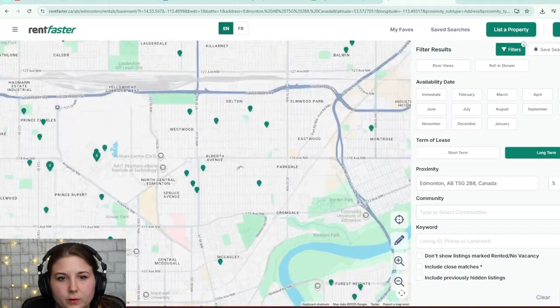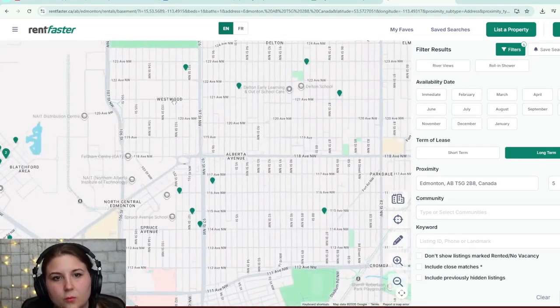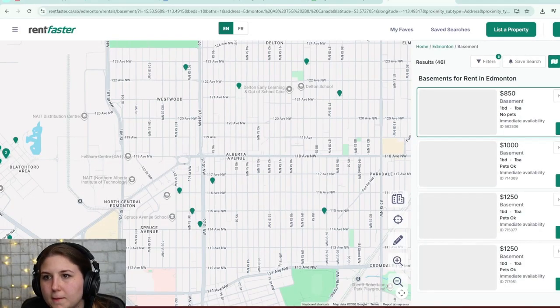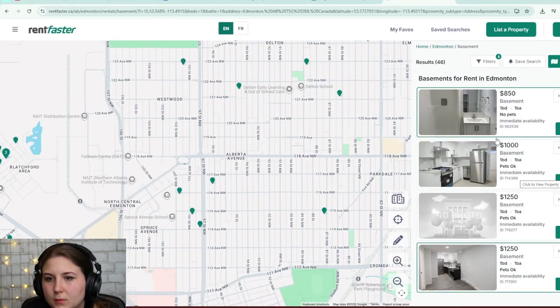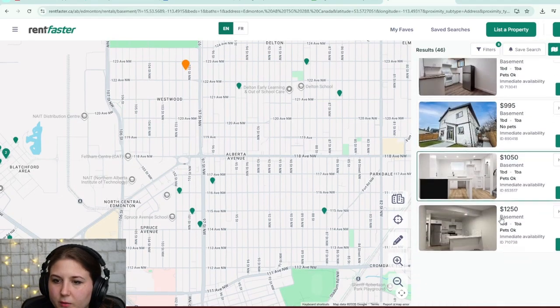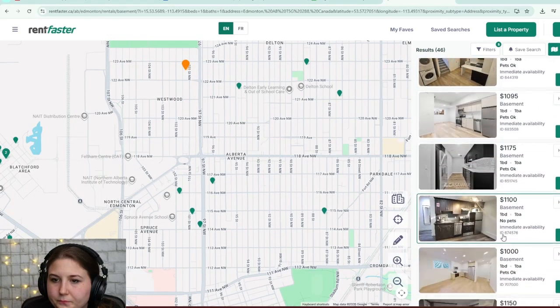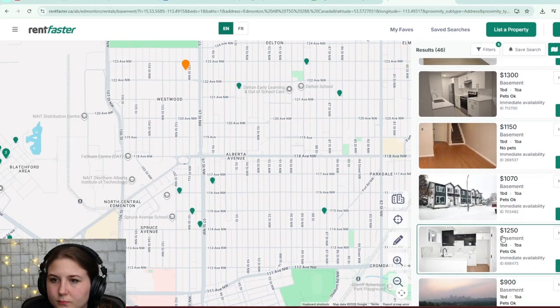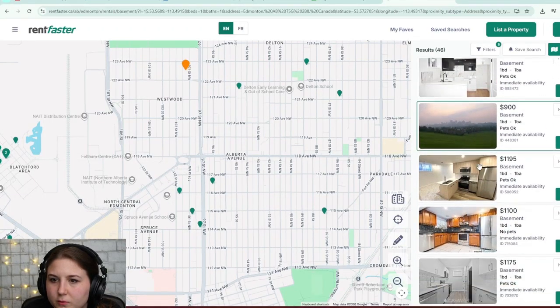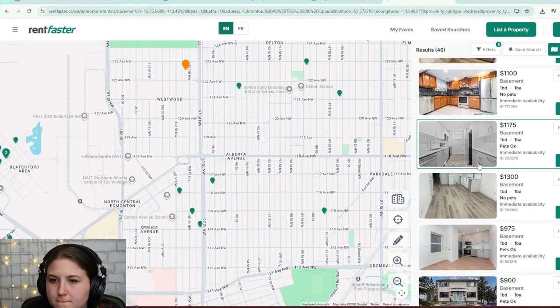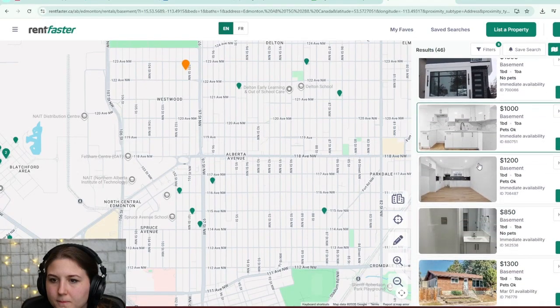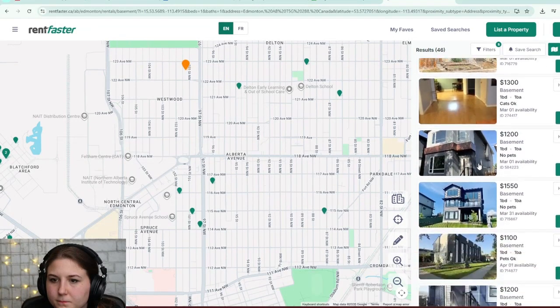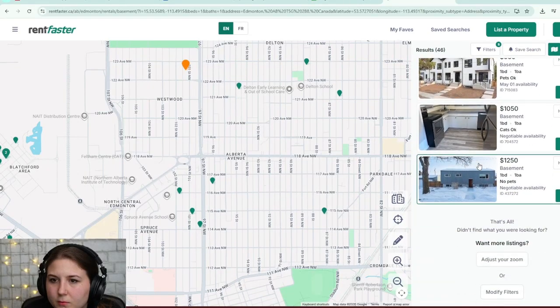We have our postal code in there. Let's zoom in on Westwood. This is probably the same building that we just looked at. Okay, so even just skimming this, I see between 850 and 1250, and a lot of them pushing that 12 without even looking too deep.